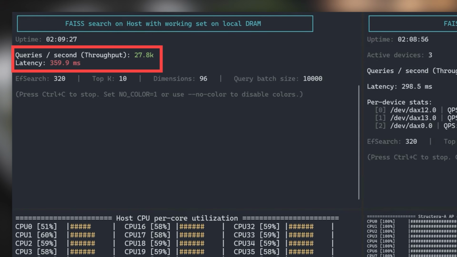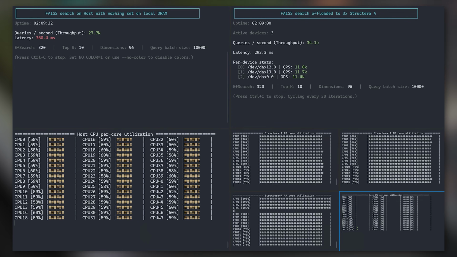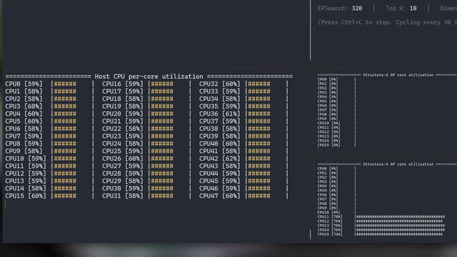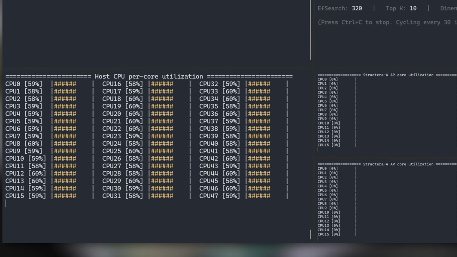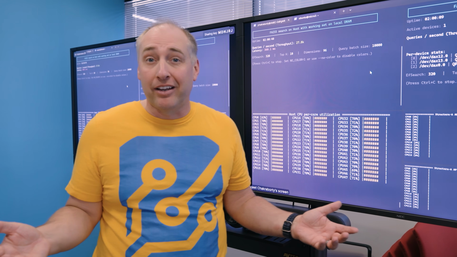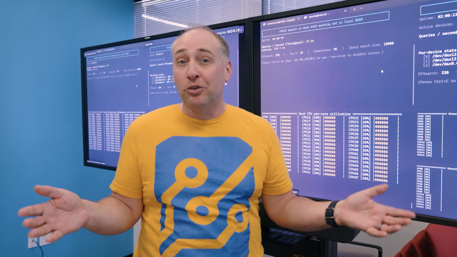And you can see our latency is somewhere in that 360 millisecond range. We also are using all 48 of those Xeon 6 cores. We're running somewhere in that 60 to 70% utilization range. But here's a challenge. If we want that server to do more, we're kind of stuck, right? We just don't have a whole lot more CPU resources. We're stuck in terms of memory.